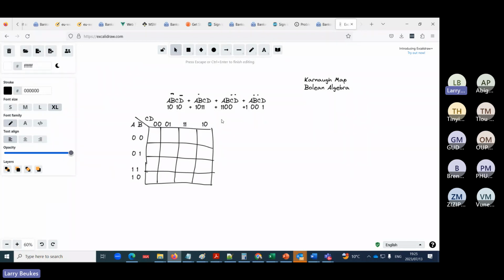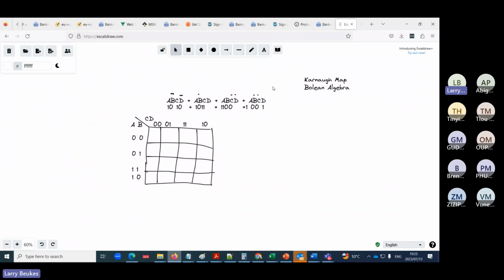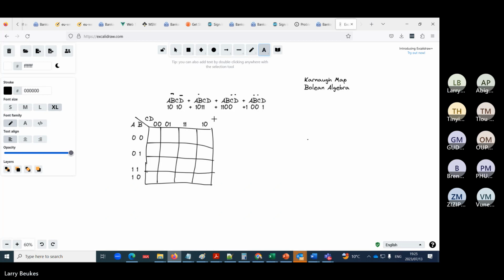But now why do I keep saying plus? Plus, it's a sum. What's a sum? A sum is a result of an addition, right? So now what are we adding here? We are adding products. What are products? A product is a result of multiplication.